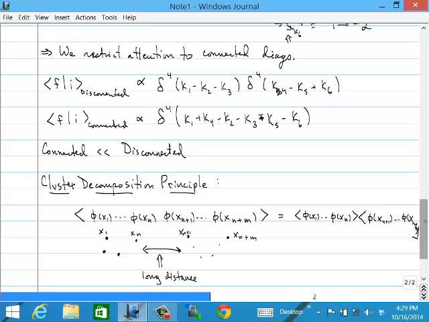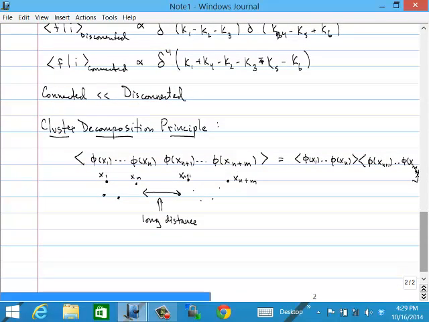One thing that you can fairly easily convince yourself of is that this is true if the expectation values are computed using a local field theory.